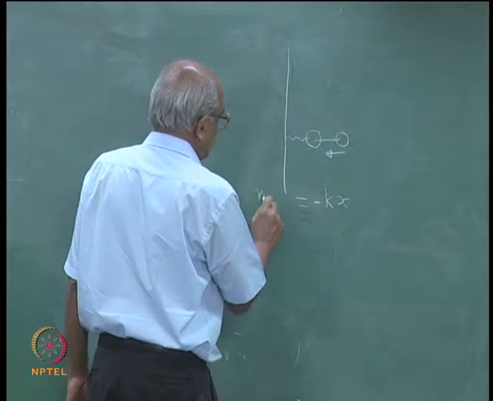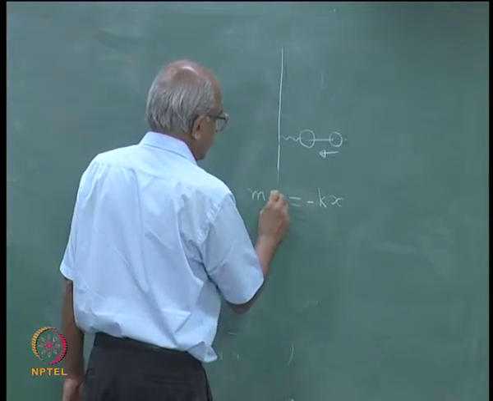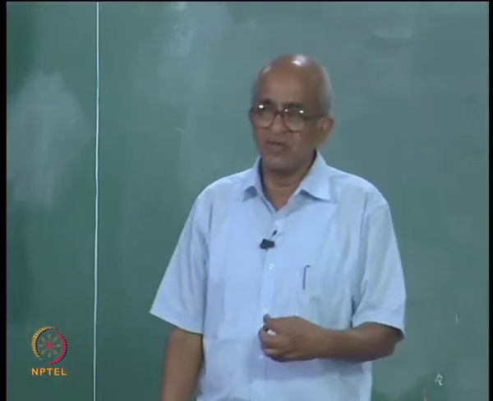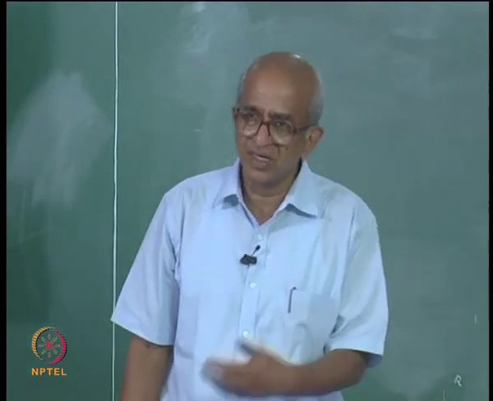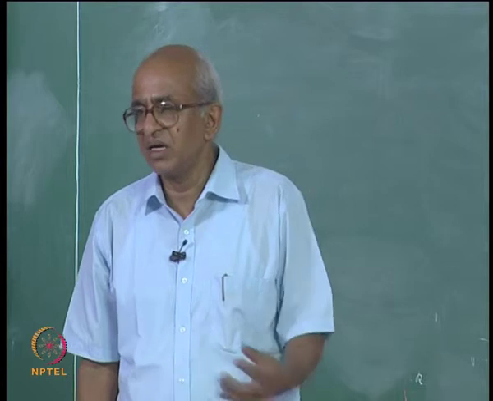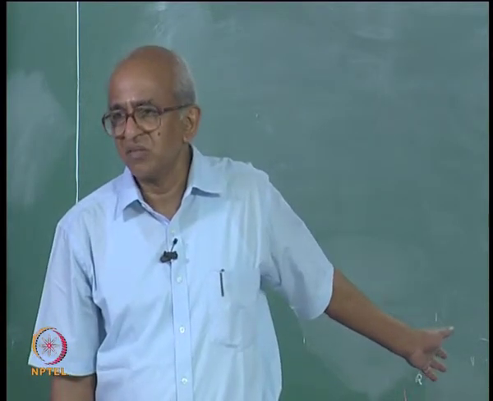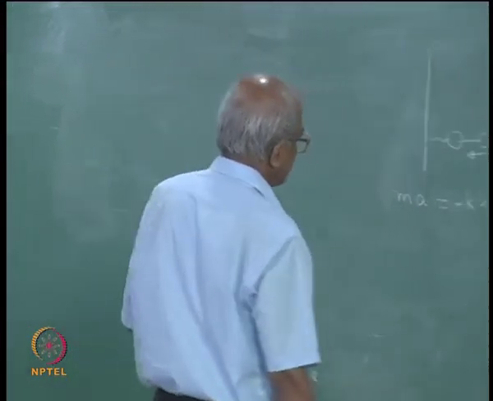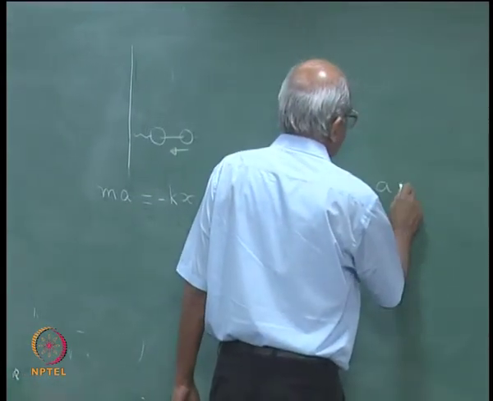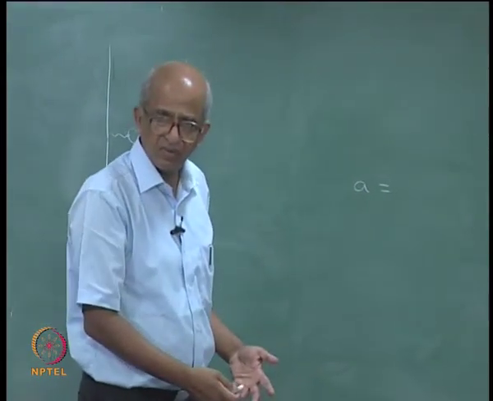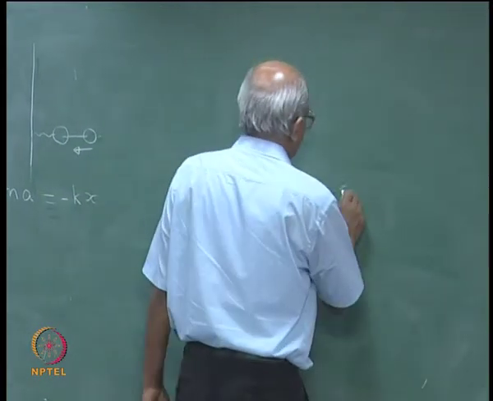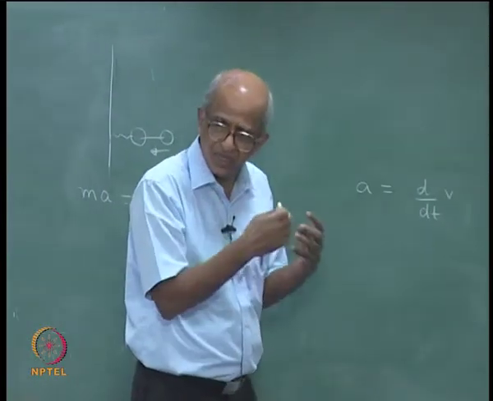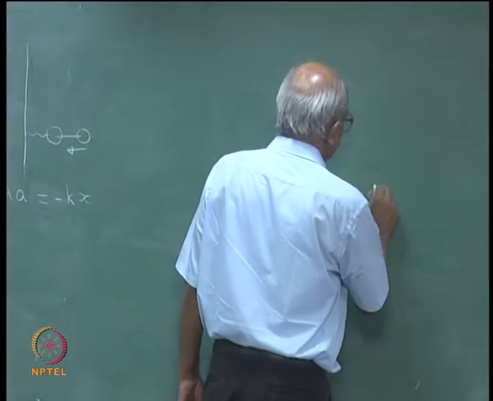So, if I am using Newton's equations of motion, I will have to say mass into acceleration would be equal to the force. The particle is subjected to this restoring force, so it will get accelerated, and Newton's equation tells me that mass into acceleration must be equal to that force, minus kx. But acceleration is the rate of change of velocity, so I have dv by dt, but v itself is nothing but the rate of change of position.